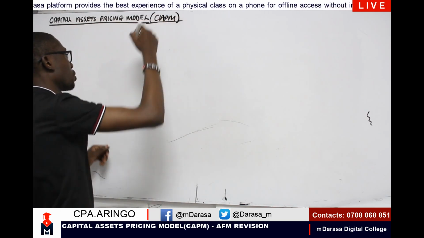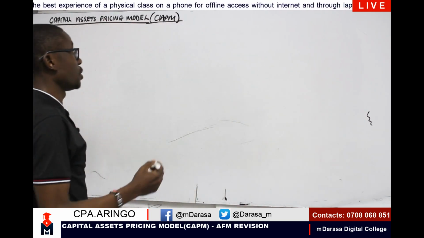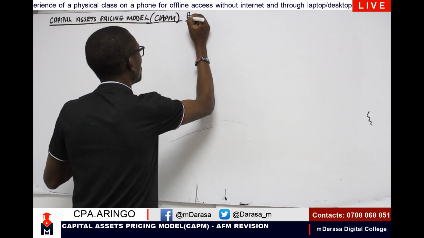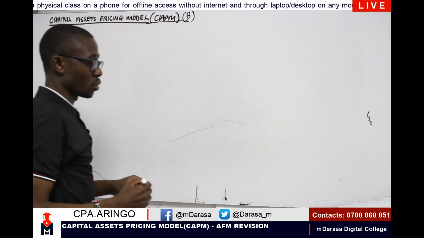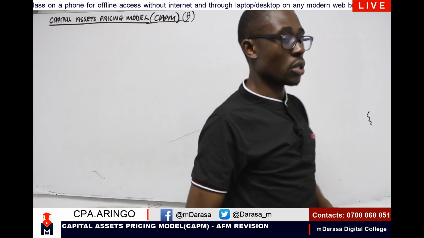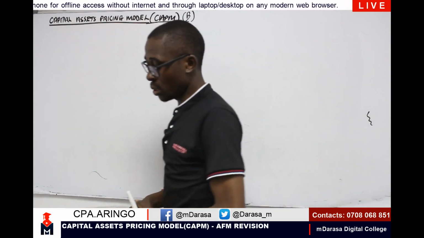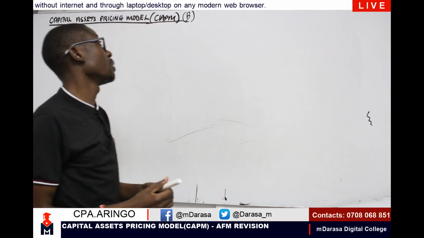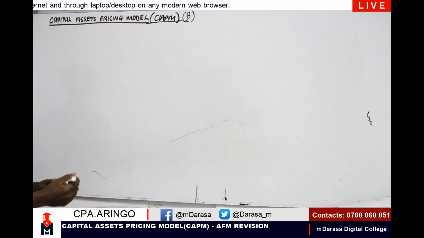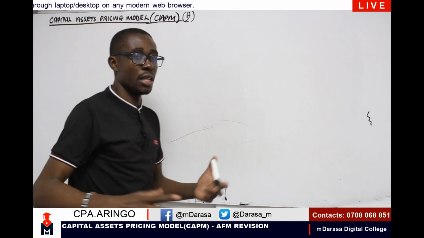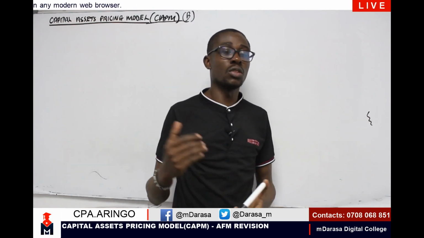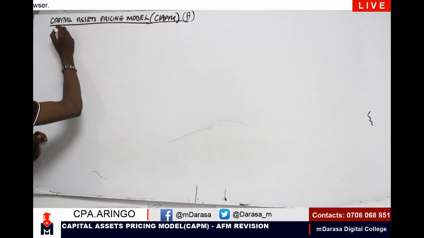And anytime you're talking of CAPM, what should come at the back of our mind is that we'll be measuring our risk by using what? Beta, basically a beta coefficient or beta factor, right? The reason why we are talking of beta here is that I am looking at a measure of risk that affects the entire industry, not a specific company but the whole industry, and this risk we refer to as systematic risk.